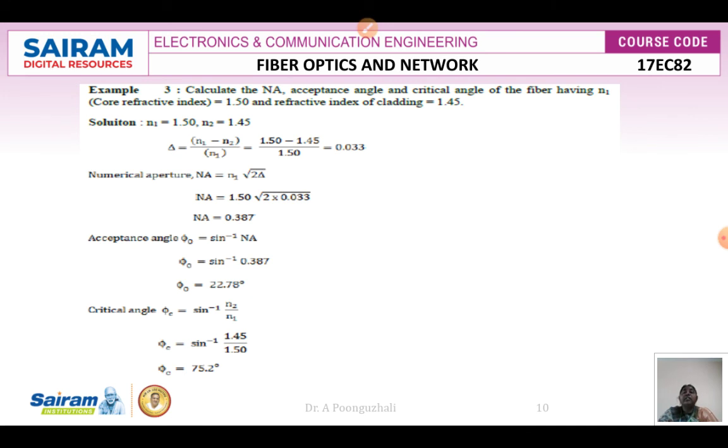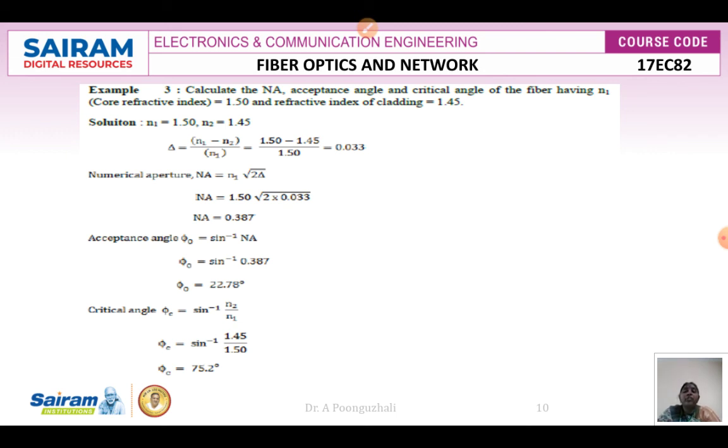Next problem: calculate the numerical aperture, acceptance angle and critical angle of a fiber having a core refractive index of 1.5 and a cladding refractive index of 1.45. In the solution, n1 is 1.5 and n2 is 1.45. Now we want to find the numerical aperture.